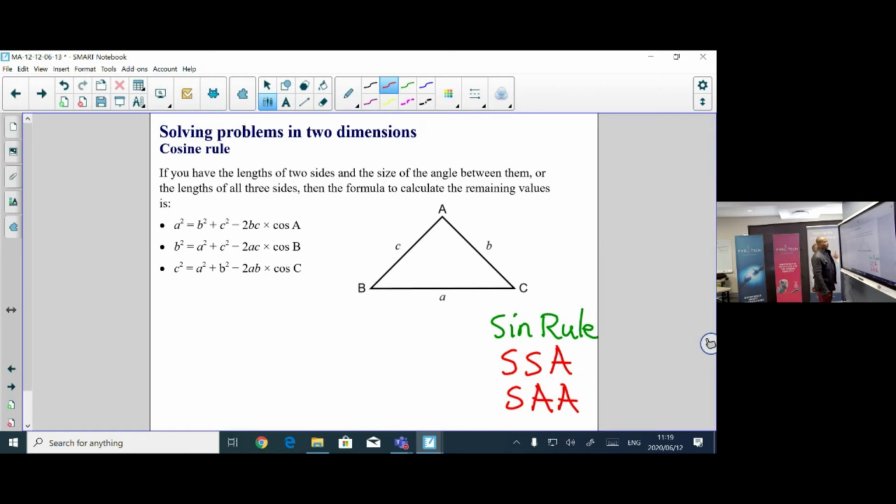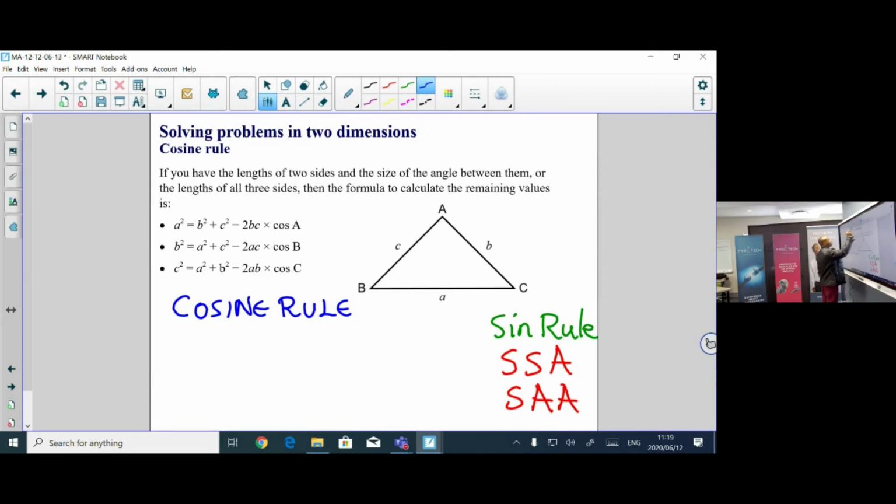But where do we use the cosine rule? So the cosine rule is used as we are reading here.